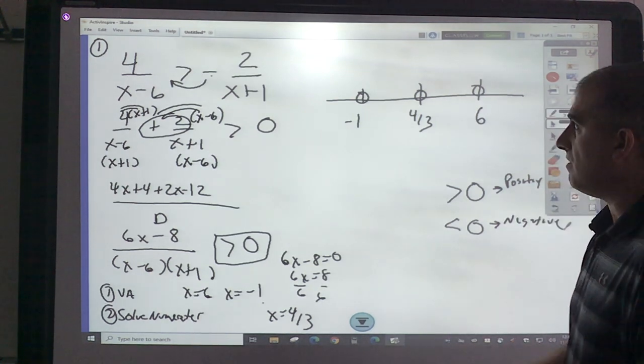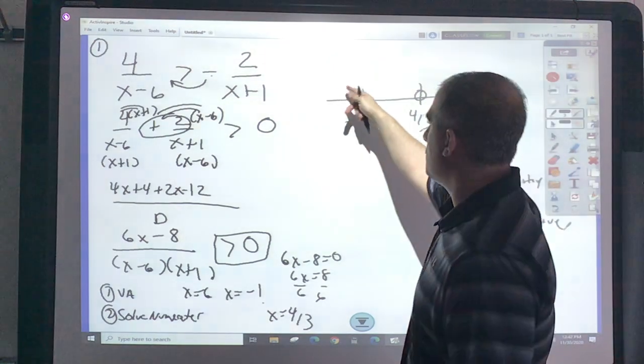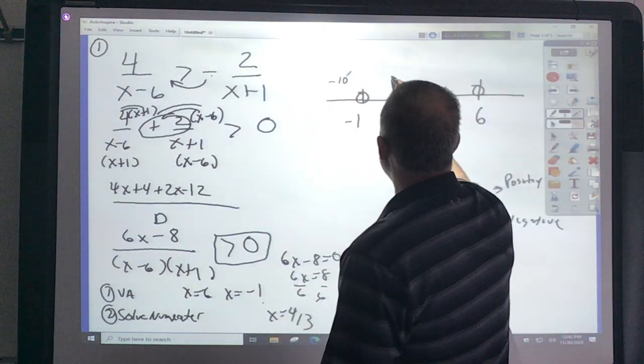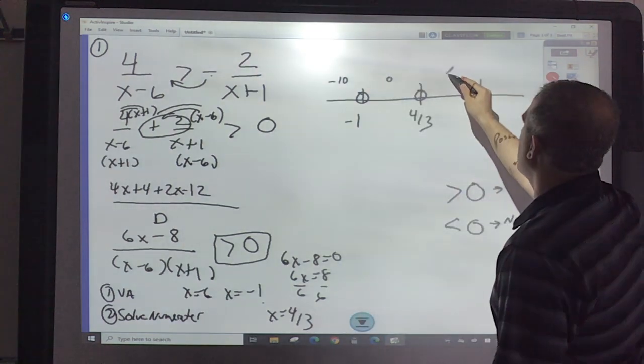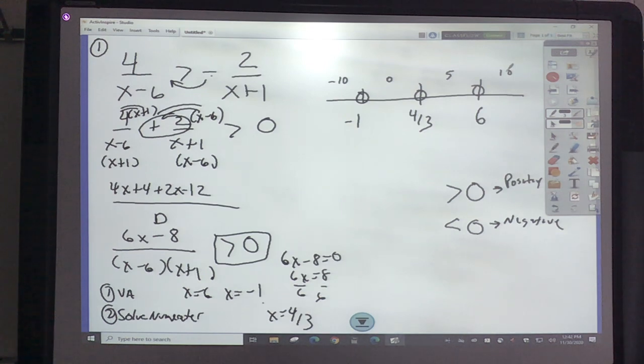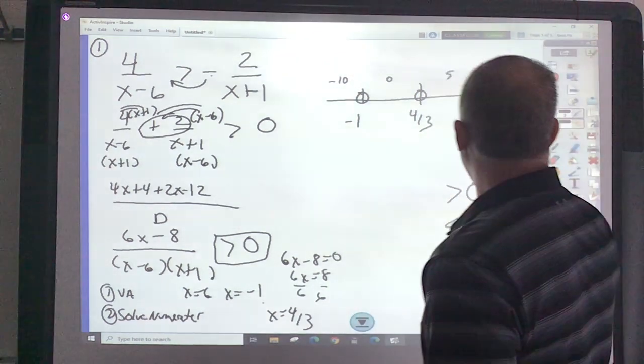The concept here is to substitute some random numbers: let's say negative 10, 0, 5, and 10. Why did I pick those? Because they fall in those areas, and we want to test whether the result is positive. In this case, we want positives.